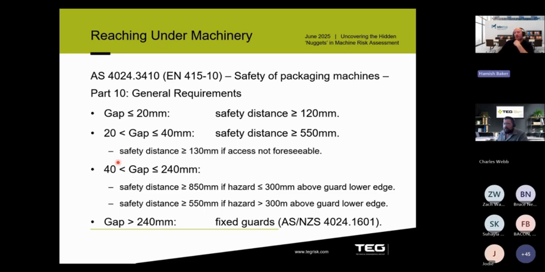And the other thing I'd add too, that 550 millimeter distance is actually what 1801 talks about as being an acceptable safe reach distance from your elbow to your fingertip. So those numbers that you see there in that packaging standard have actually come from anthropometric data. That's human body measurements, for over 14-year-olds. So there is an element of universality applied there. It's not a random plucked number.